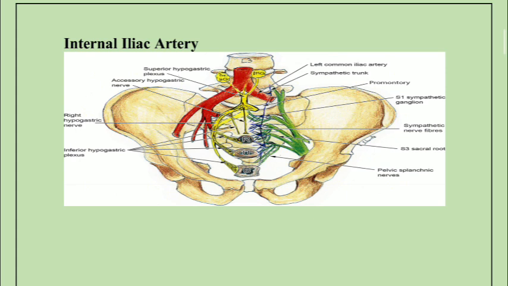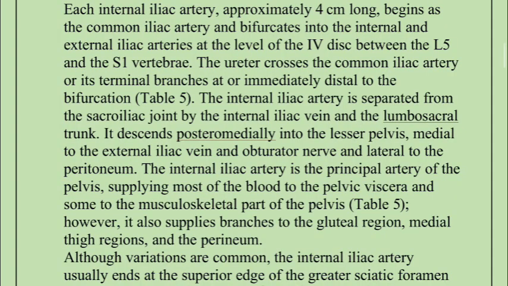The internal iliac artery is separated from the sacroiliac joints by the internal iliac vein and the lumbosacral trunk. The internal iliac artery descends posteromedially into the lesser pelvis, and it goes medial to the external iliac vein and the obturator nerve, and lateral to the peritoneum.